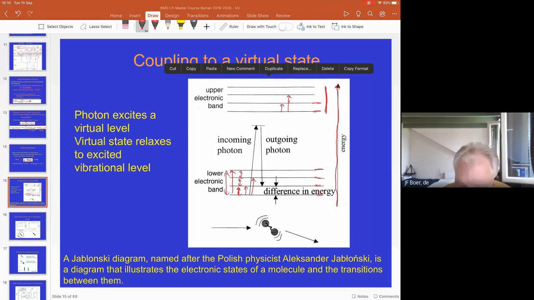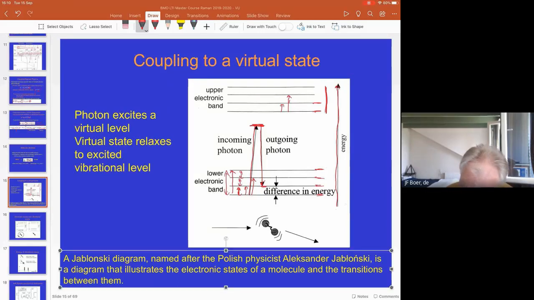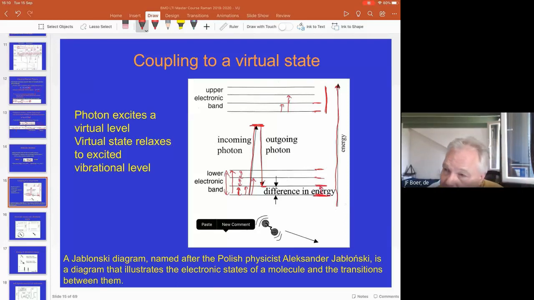And so the Raman process, as I have described it so far, is: we have a photon that has an energy somewhere here, and then a photon is emitted of a longer wavelength, lower energy, down to this level, and then we excite the molecule from its ground state here to its first vibrational level.